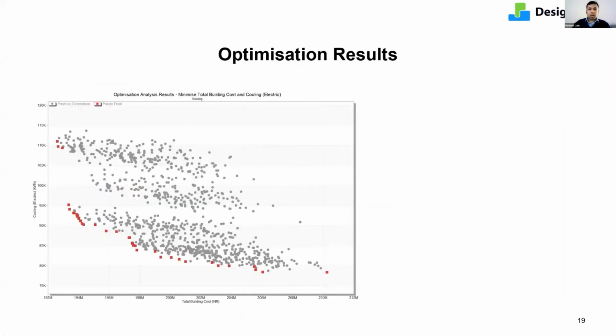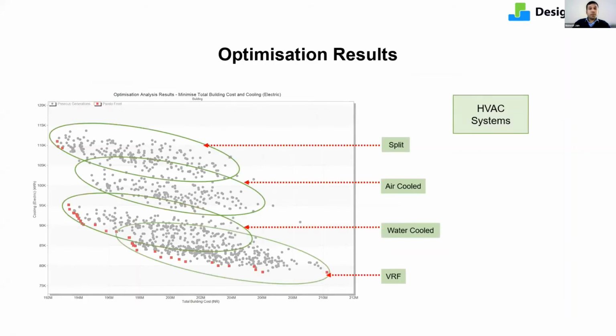So now looking at the results. First and the most obvious thing which we can see is the 4 different clusters, and these clusters represent different HVAC systems. And this shows that using a more efficient HVAC system significantly reduces the cooling energy use with a relatively modest increase in cost.